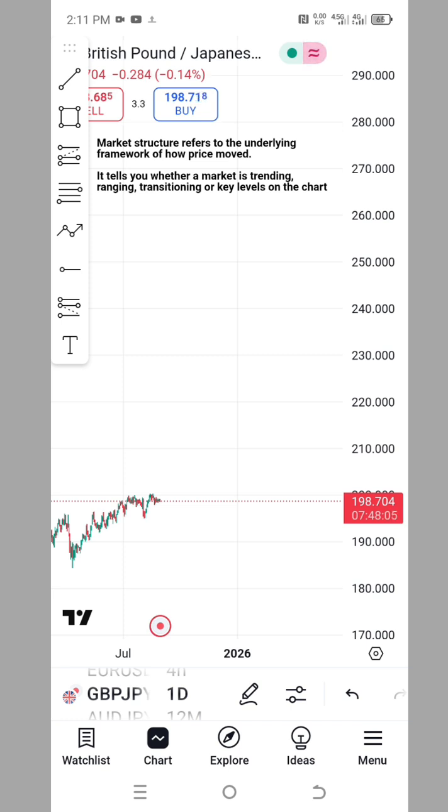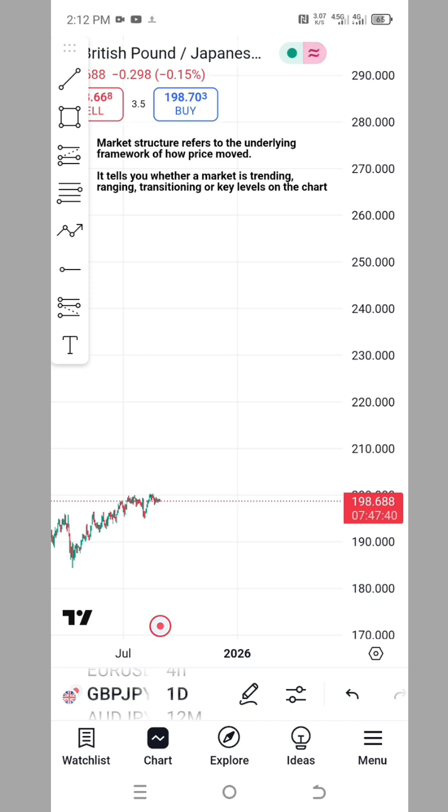As a trader, as an SMC trader, you need to understand market structure very well, because market structure tells you whether the market is trending, ranging, transitioning, like it's changing trend, what's going on. It tells you the next move of the market, who is in control of the market, either the buyers or the sellers.